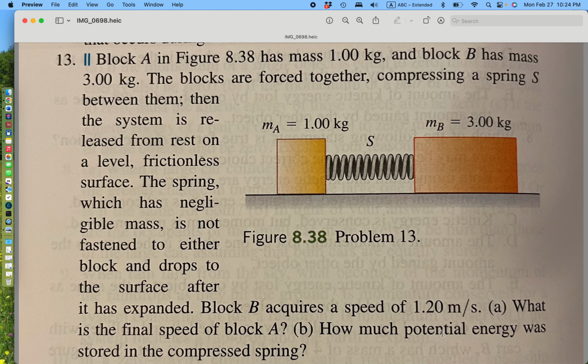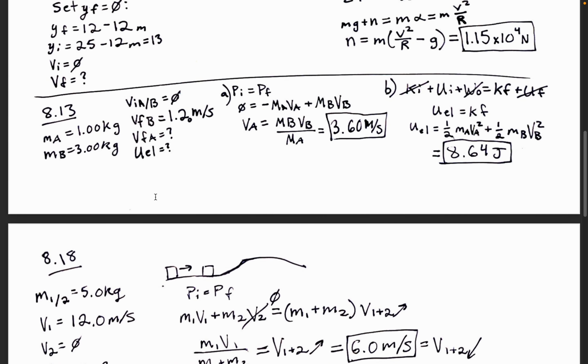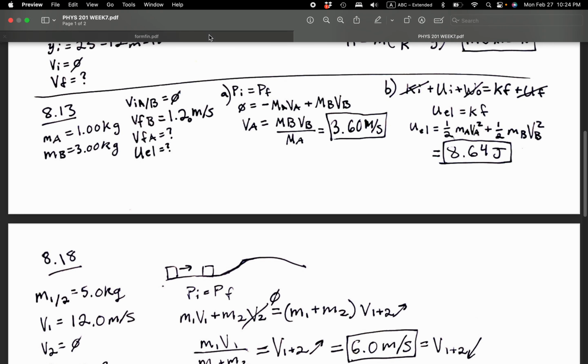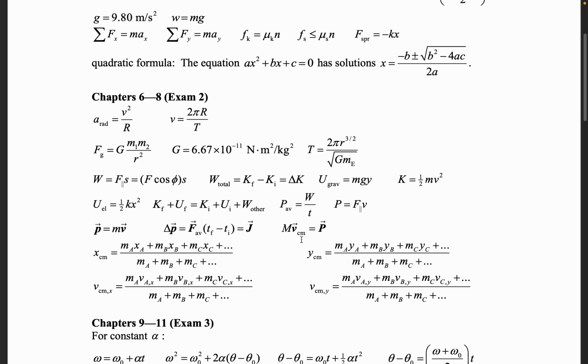Next, it's asking us how much potential energy was stored in the compressed spring. So here I wrote, what is the potential energy of the elastic section. Well, if you look on your formula sheet, it's got U elastic, right? That gives you 1/2 k times x squared. But here, k is the spring constant, and x is the distance that it's compressed from equilibrium.